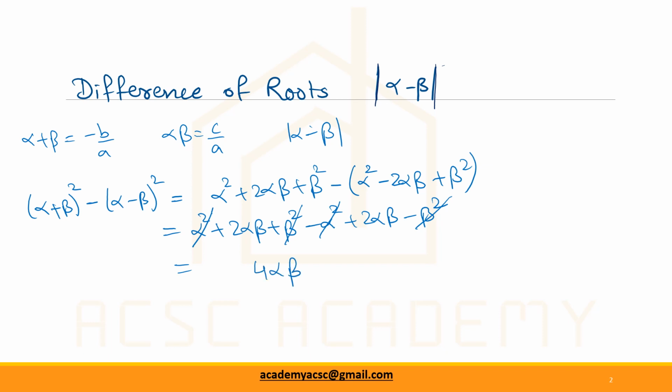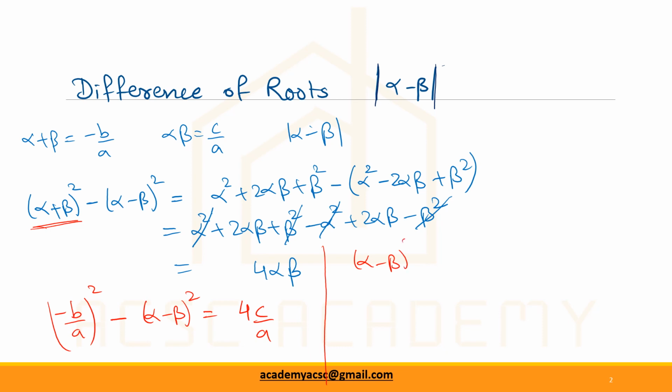So now to substitute their values, we know that alpha plus beta is minus b by a, whole squared, minus of, we don't know this yet, this is what we need to find out as the difference, equal to 4 times the product, which is c by a. So now solving this expression, what do we get? Alpha minus beta the whole squared equal to b squared by a squared minus 4c by a, and we can also write it as b squared minus 4ac upon a squared.